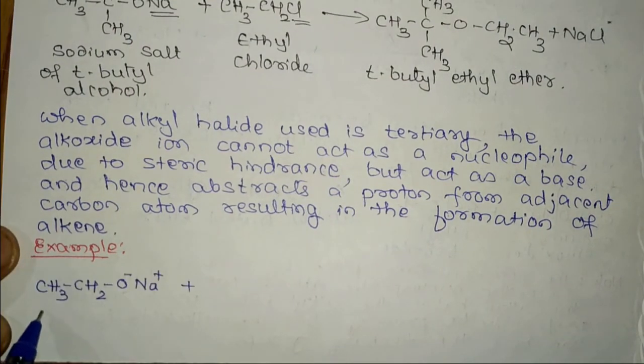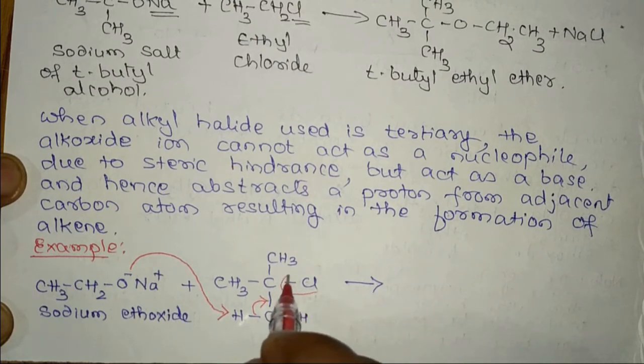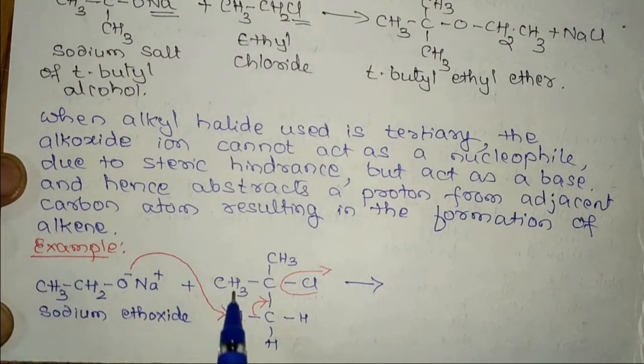This is sodium ethoxide, which reacts with tertiary butyl chloride. Here, this oxygen atom attacks this hydrogen. This takes this hydrogen, then this bonded pair of electrons concentrates here, and Cl goes out along with the bonded pair of electrons. We will end with an alkene.